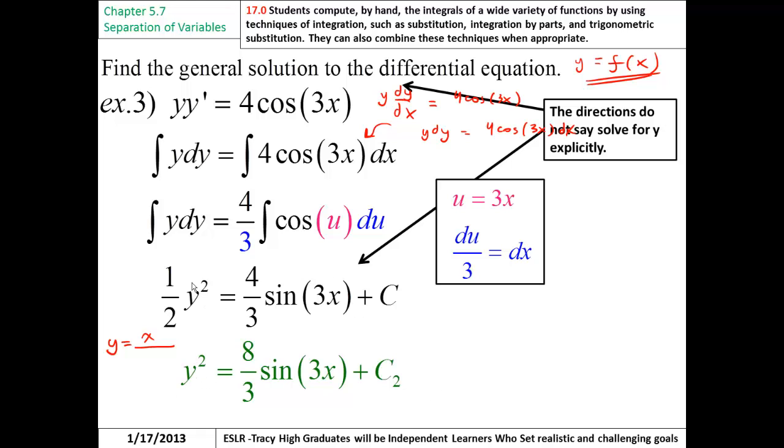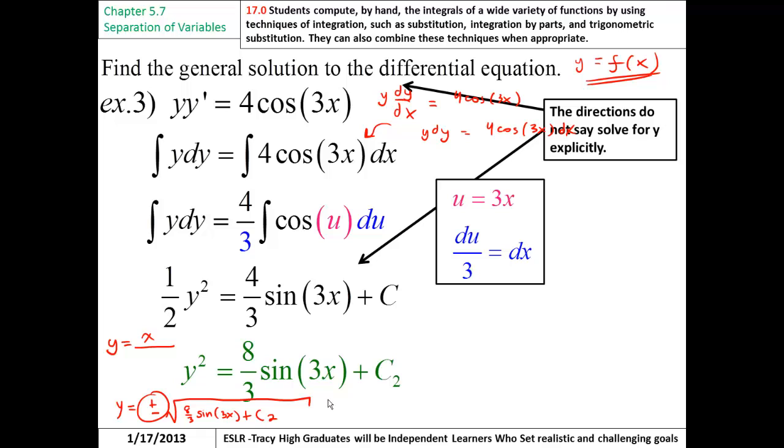And the benefit of that is that if you didn't, you'd have to say y equals plus or minus the square root of 8 over 3 sine of 3x plus c2. And then it's hard to solve for your constant, and to solve anything, you're probably just going to have to square both sides anyways, and then you got that awkward plus or minus there, all just to get that y alone.